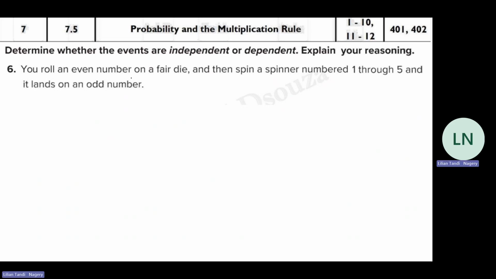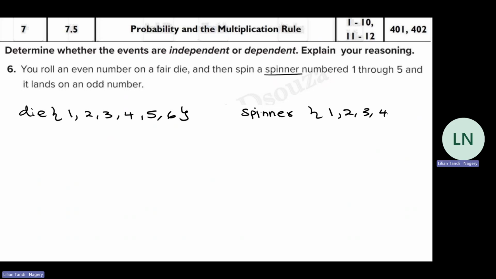You roll an even number on a fair die. Sample space for the die is 1, 2, 3, 4, 5, 6. And you have a spinner, and your spinner is labeled 1 through 5. So you have to list all the numbers from 1 to 5. Okay.